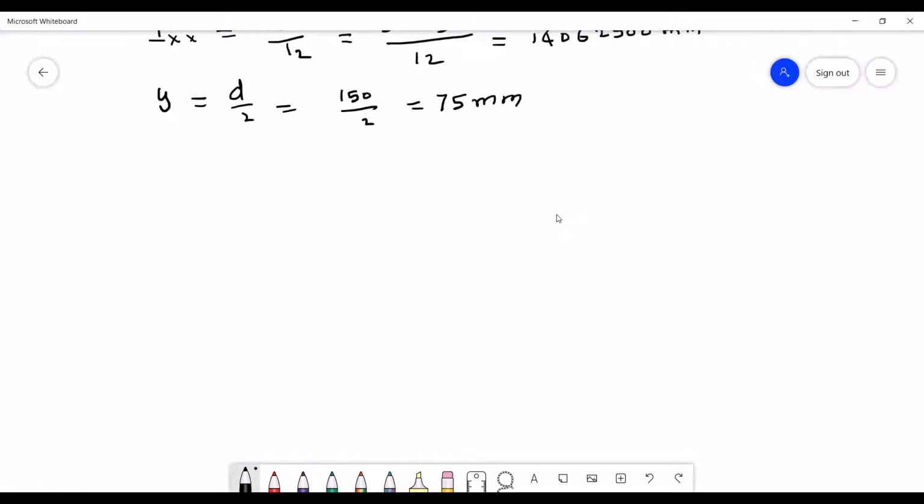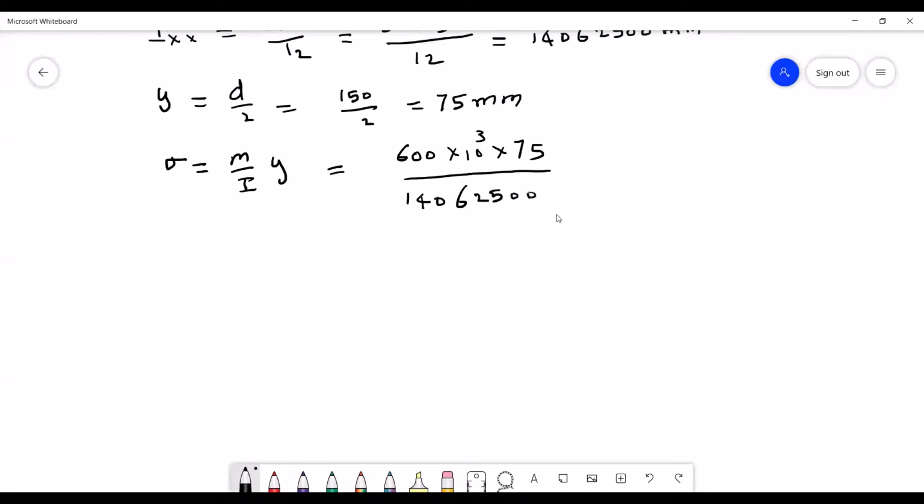And let us find the stress now. The equation we know: sigma is equal to M upon I into y, that is 600 into 10 raised to 3 multiplied by 75, which is y, divided by 1406250.